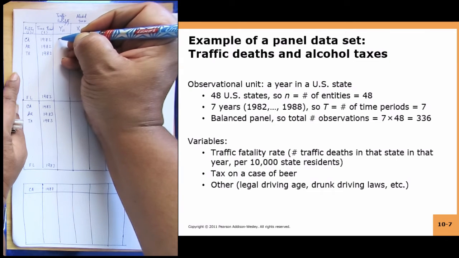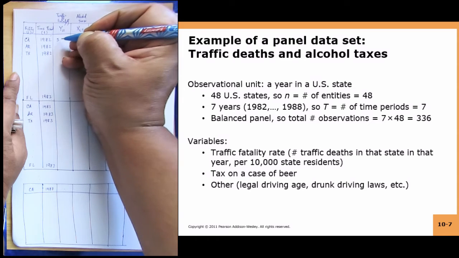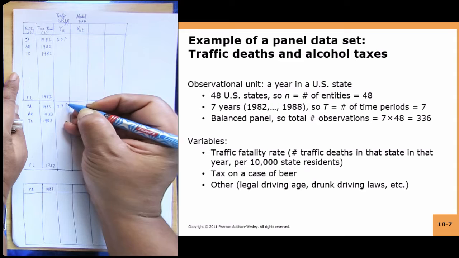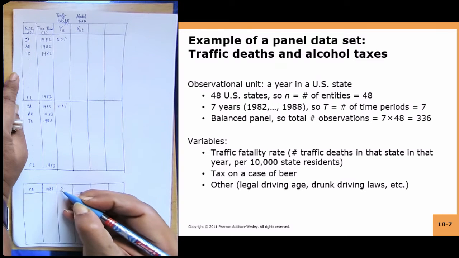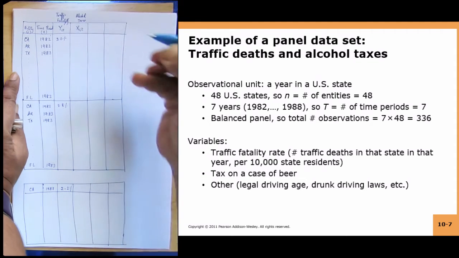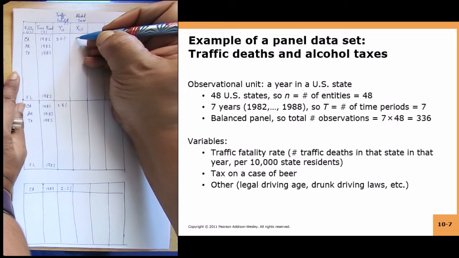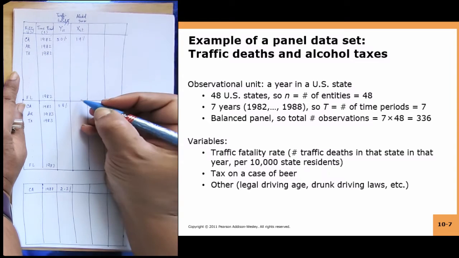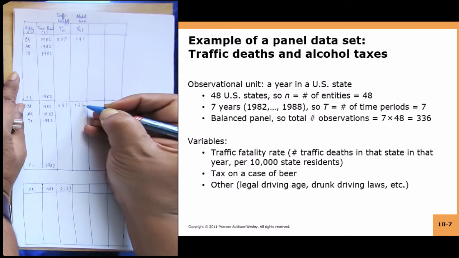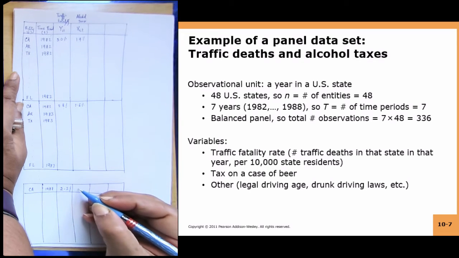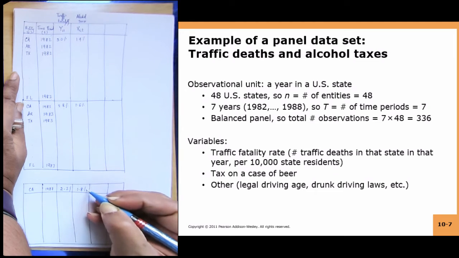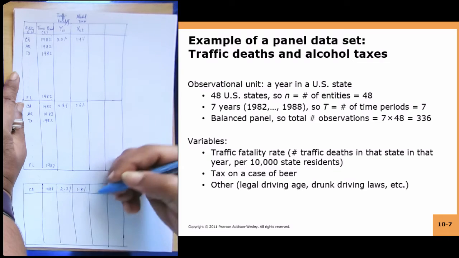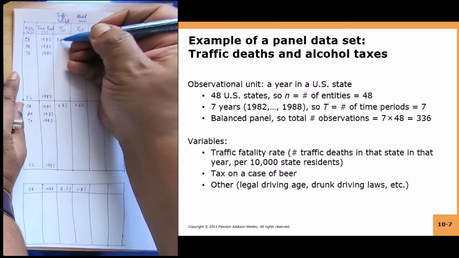So you may have something like a 3% traffic fatality rate, here you may have 2.8%, and here you may have 2.2%, and so on. And alcohol taxes may be 1.4%, and here you may have 1.6%, and here 1.8%. So it is varying over time and it may vary across entities.